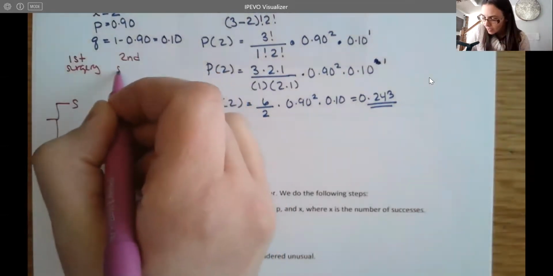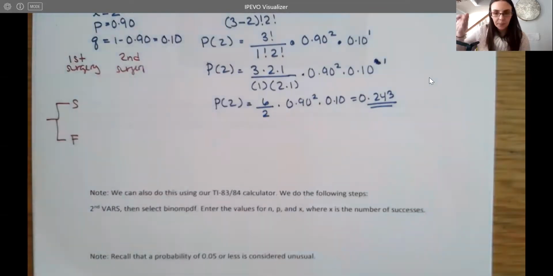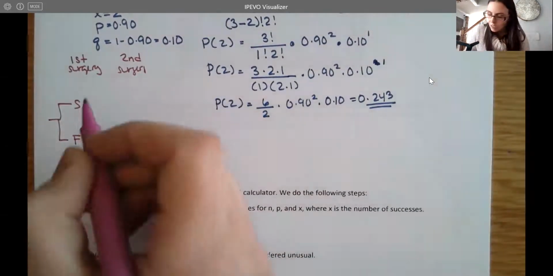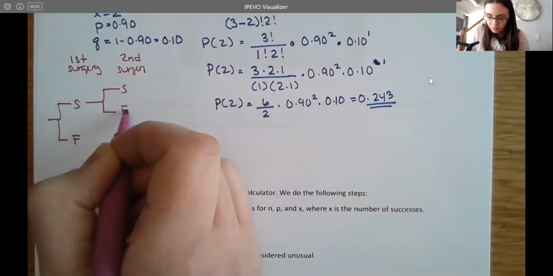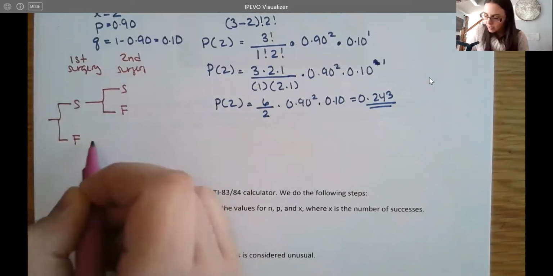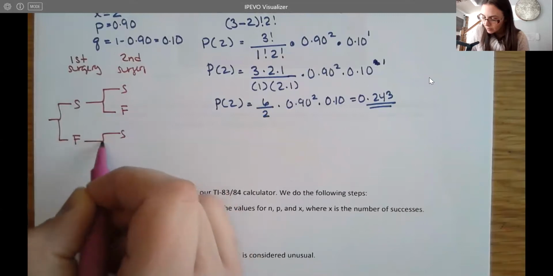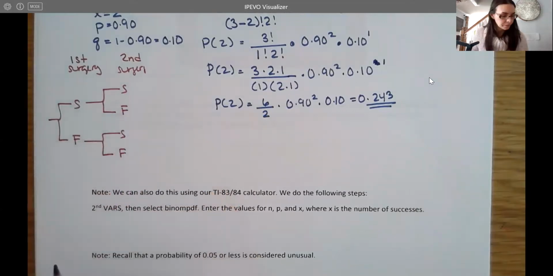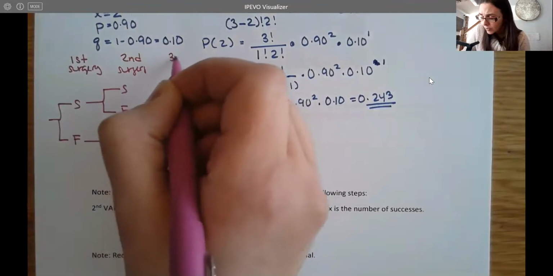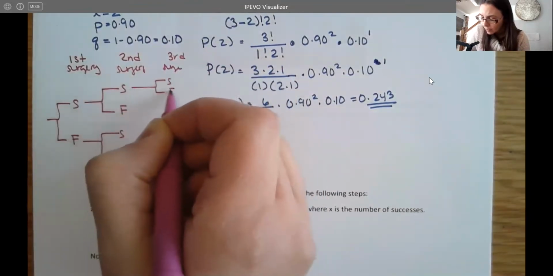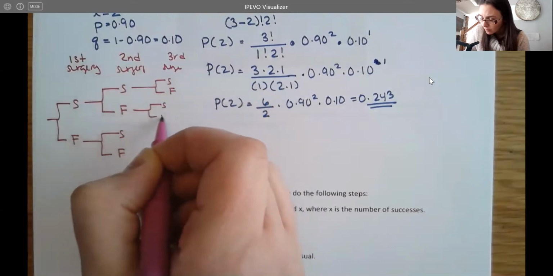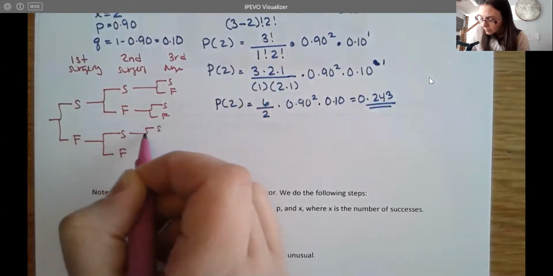And then for the second surgery, so just kind of building off this, well, I could have a success or I could have a failure. And same thing here. I could have a success or I could have a failure. And then same thing for the third surgery, right? You could have a success or a failure in each of these cases.